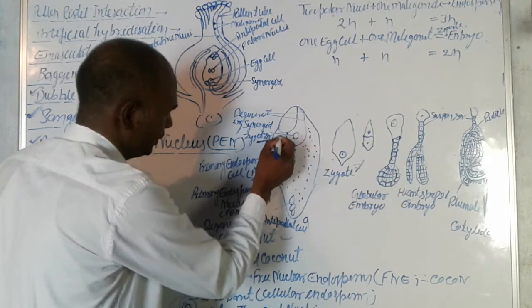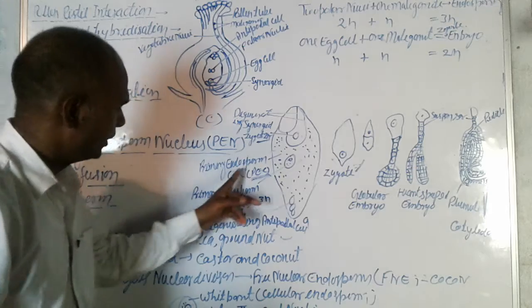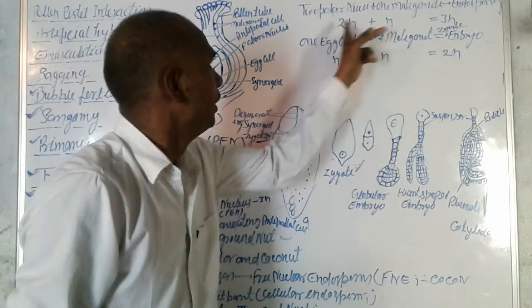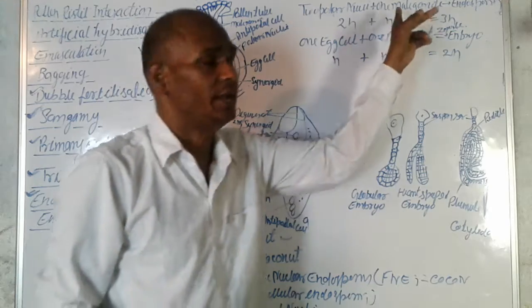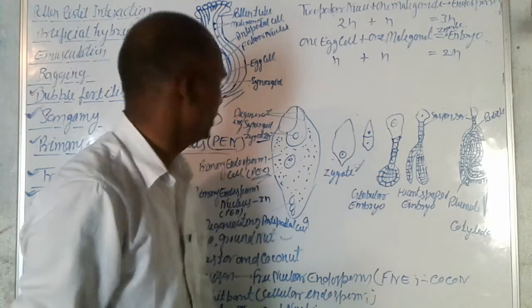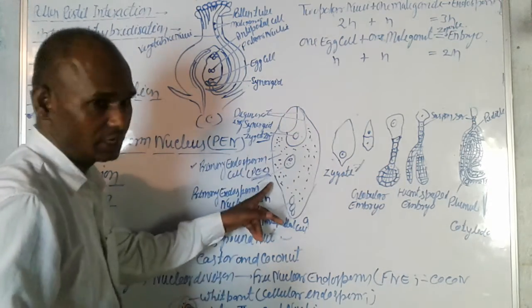We study in this video about the primary endosperm cell. When polar nuclei and one male nucleus make 3n, this is the endosperm. So this is the primary endosperm cell.